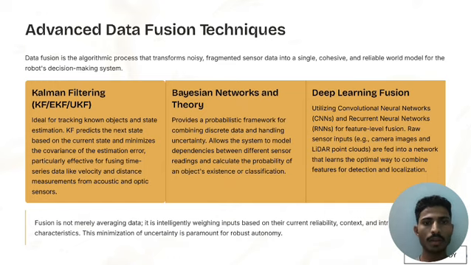And then Bayesian networks and theory, which provide a probabilistic framework for combining discrete data and handling uncertainty. This allows the system to model dependencies between different sensor readings and calculate the probability of an object's existence or classification.